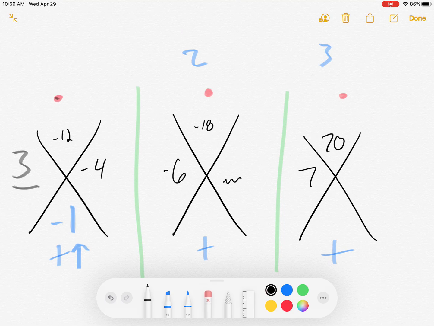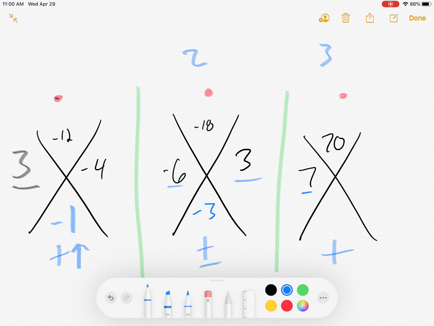So we know this number should be positive, this one that goes in the squiggly spot. And then negative 6 times 3 is negative 18. Now we go through and we add them on the bottom. We're going to say negative 6 plus 3. You owe someone $6, you give them 3. It is now negative 3 on bottom.